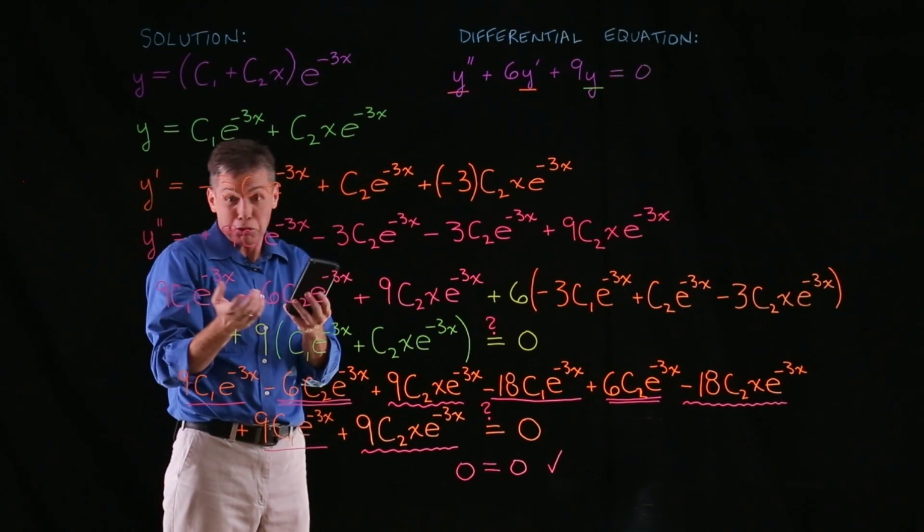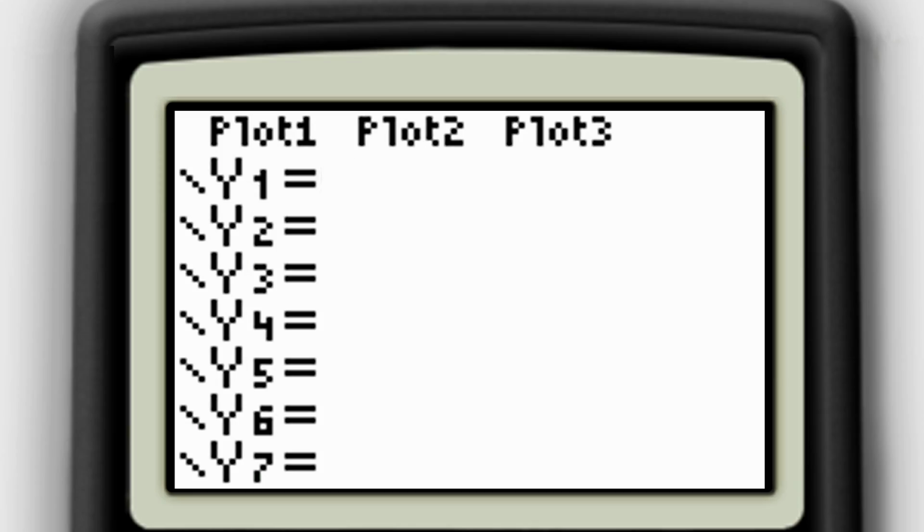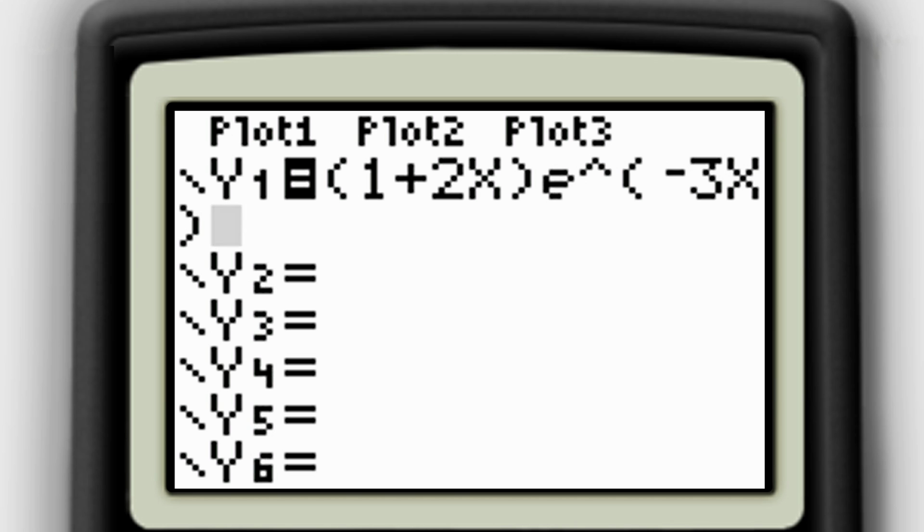So if you want to do exactly like I'm doing, for y sub 1, I'll start with parentheses. I'll just pick a 1 plus maybe 2, and then don't forget to multiply by an x, close parentheses, e raised to the negative 3x, close those parentheses, and now we'll move down to my y sub 2.